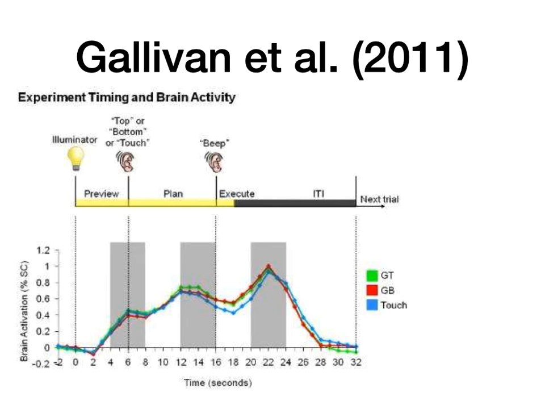So again, to look at this really quick, the illuminator comes on to say, hey, here comes a part of this task. And they'll hear what they're supposed to do. And then they'll hear a beep that tells them when it's time to actually execute the thing. And the only data available to the models is this data in this time range between 12 and 16 seconds, which is about 4 seconds before the beep.